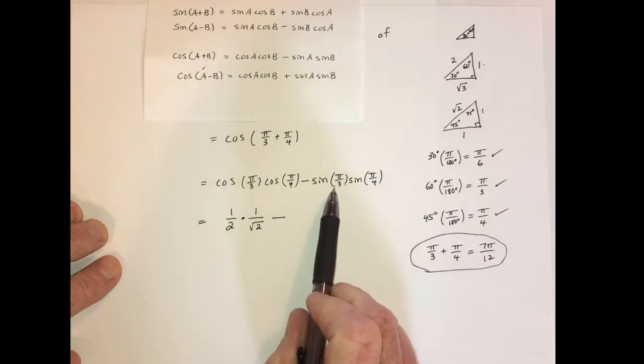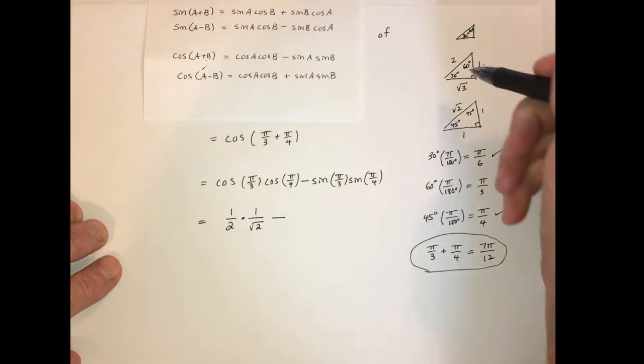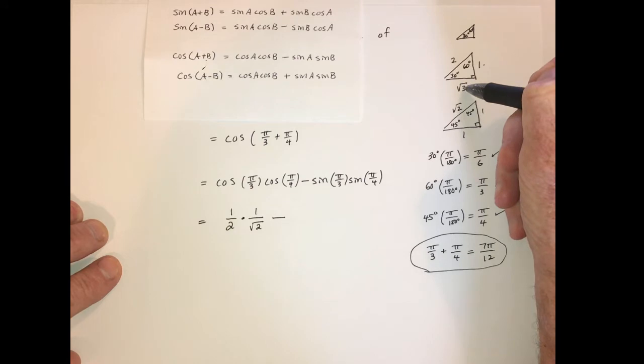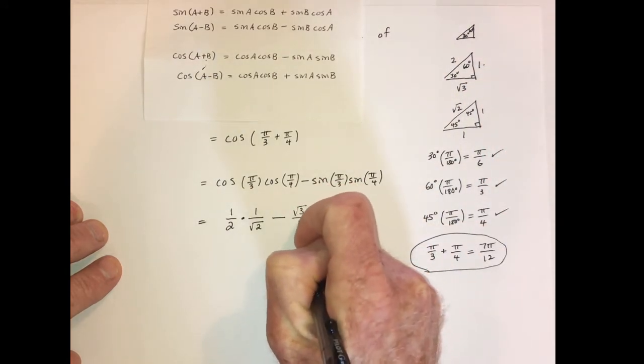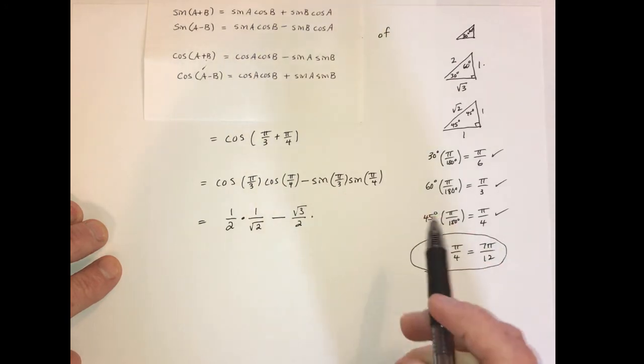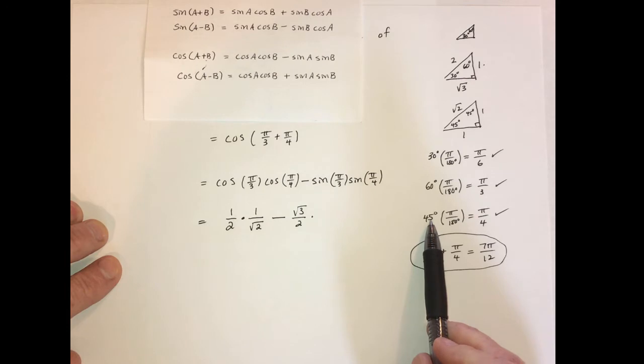And now it's sine's turn. So pi over 3, that's again coming from 60 degrees. And sine would be opposite over hypotenuse. So square root of 3 over 2. And then finally pi over 4, that one is 45 degrees.